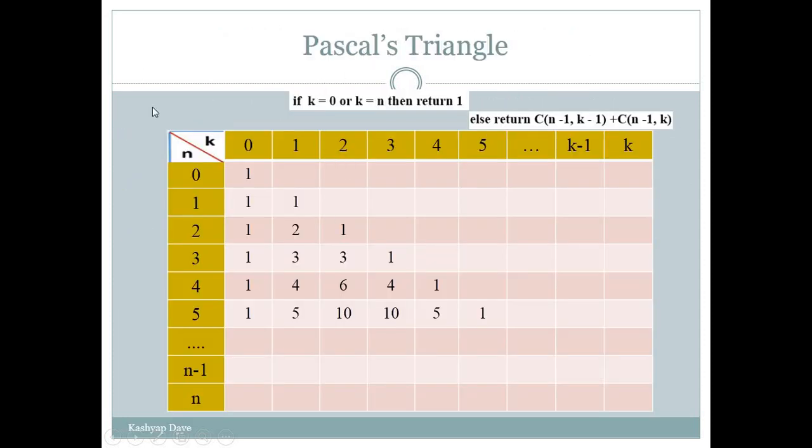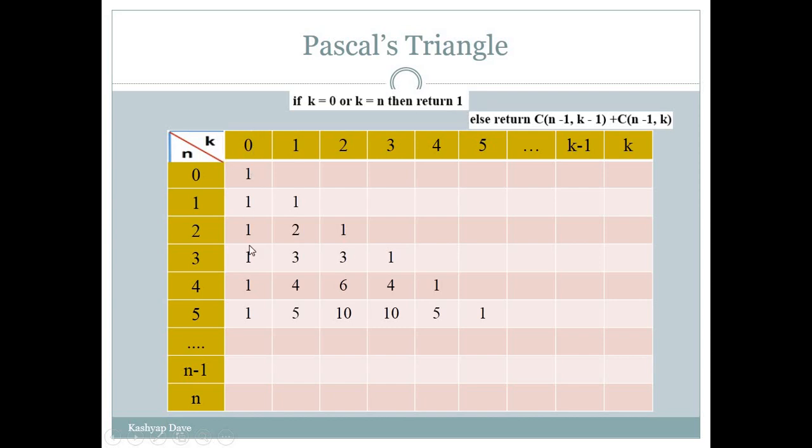Okay, so here the k values are 0, 1, 2, 3, 4 up to k, and in the column the n values are 0, 1, 2, 3, 4 up to n. Now we will calculate n and k. The first condition is that if k is equal to 0, then we have to return 1.